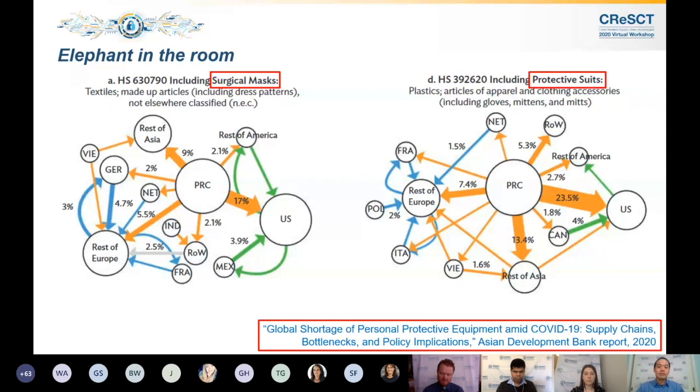And this actually leads to some very critical observations. Look at this global supply chain. It is possible that bottlenecks will be dynamically created in different parts of the network, and also there will be both economic and political implications.